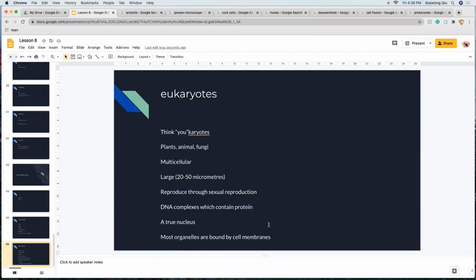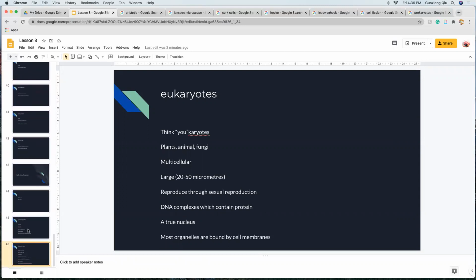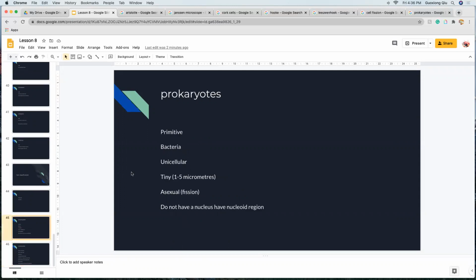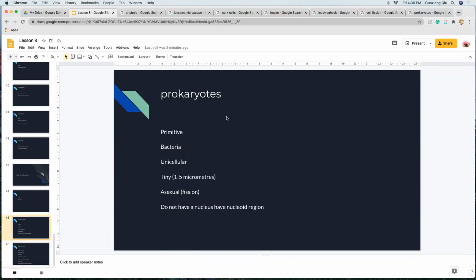So most of the organelles within eukaryotes are bound by cell membranes. Eukaryotes have organelles. Prokaryotes don't. Well, they do, but not really. Eukaryotes have things like chloroplasts, a true nucleus, Golgi apparatus, ribosomes, etc. You will not find those things in prokaryotes.